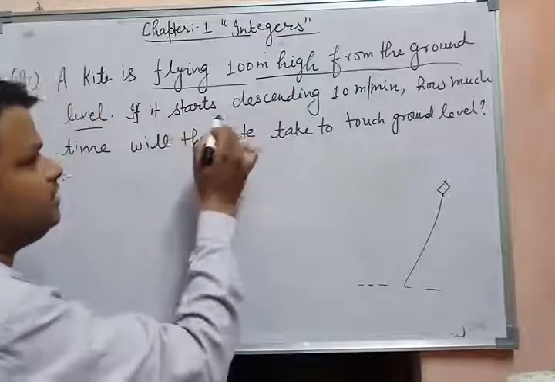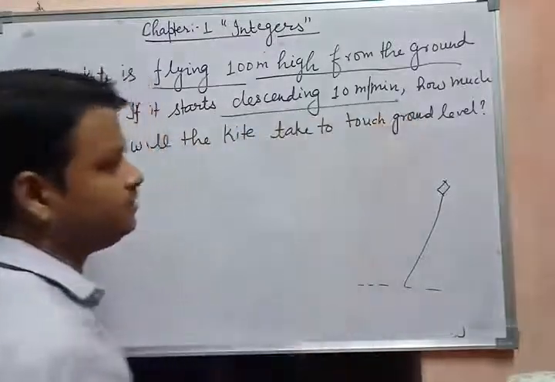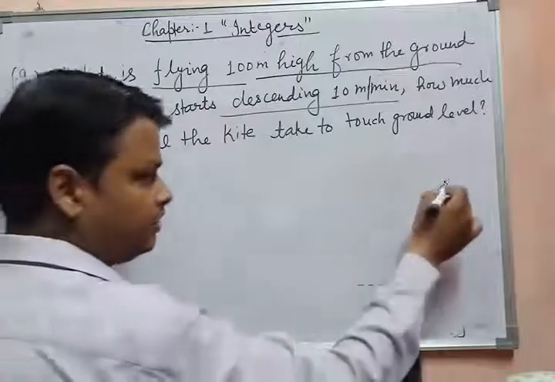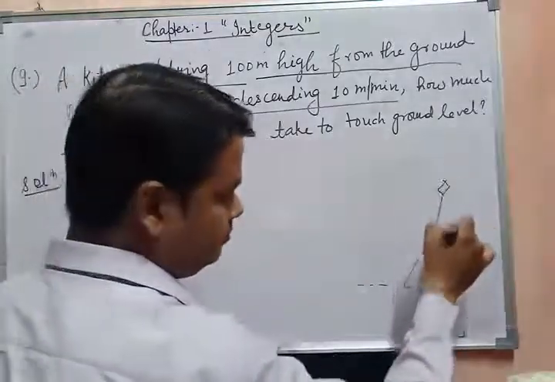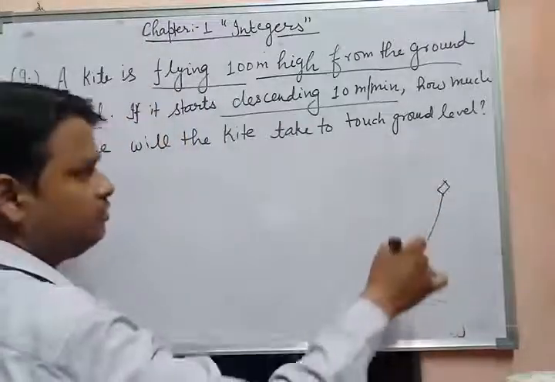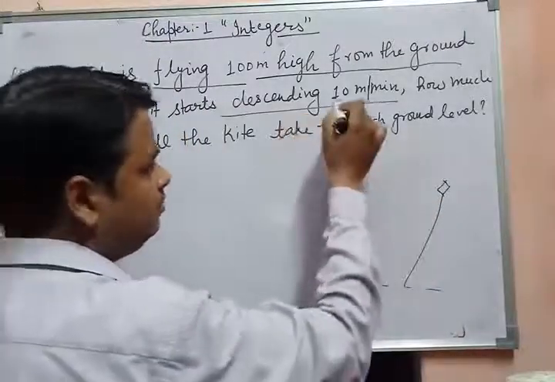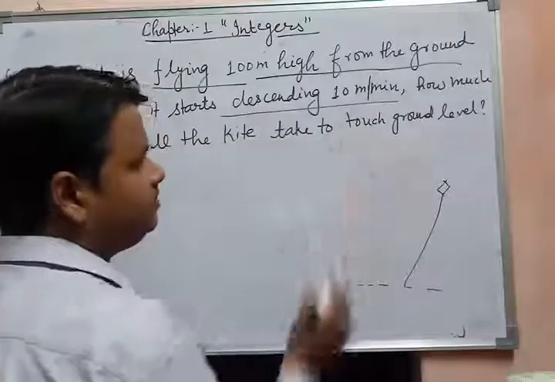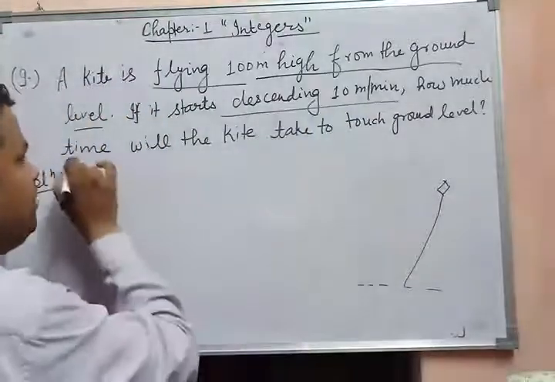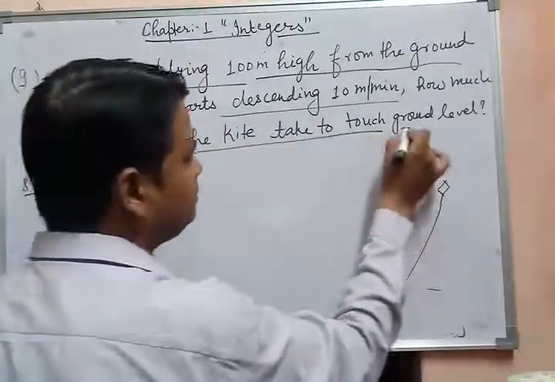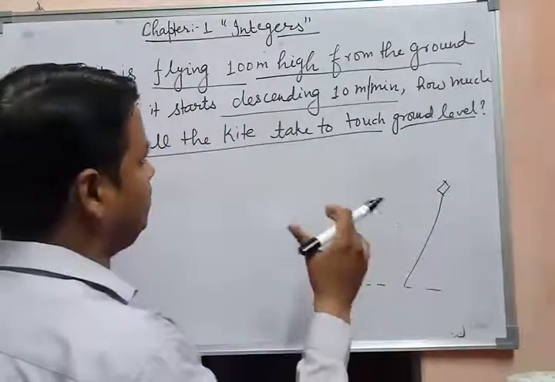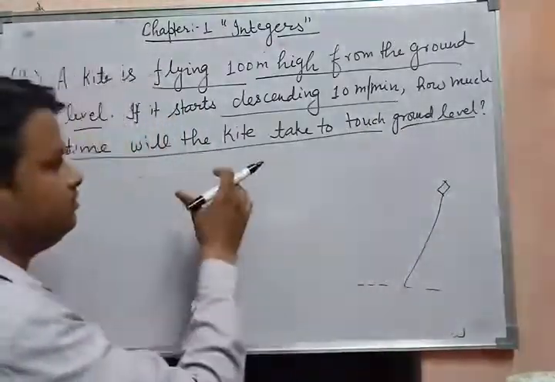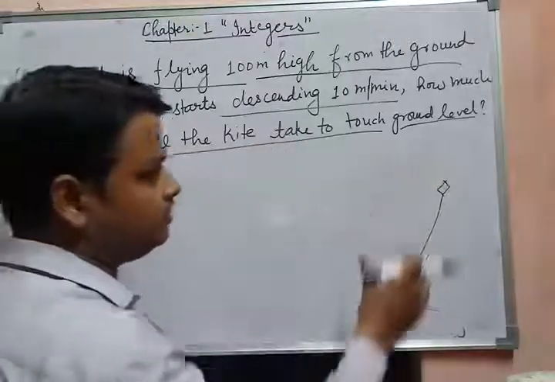And if it starts descending 10 meter per minute, it means the kite is coming to the ground at the speed of 10 meter per minute. Then how much time will the kite take to touch the ground level?